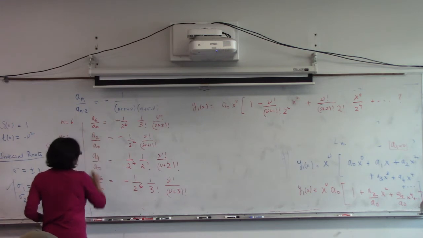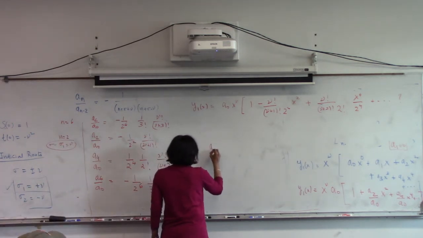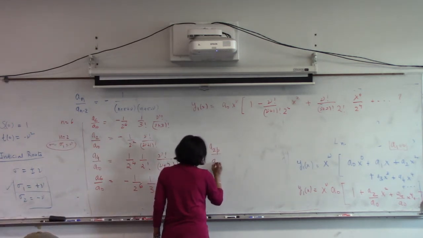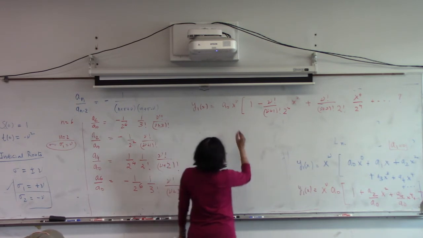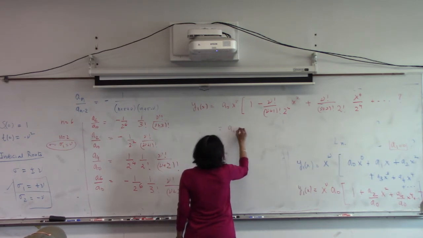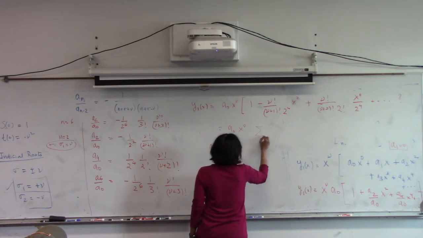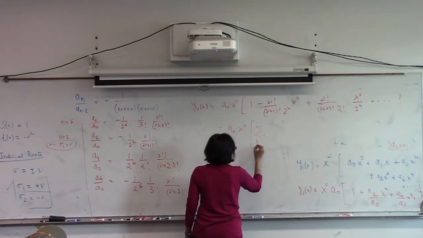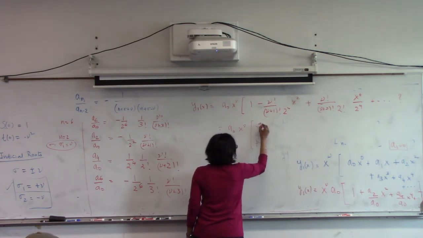So I want you to predict a general term of this series, so that I can write this as a summation with p going from 0 to infinity.